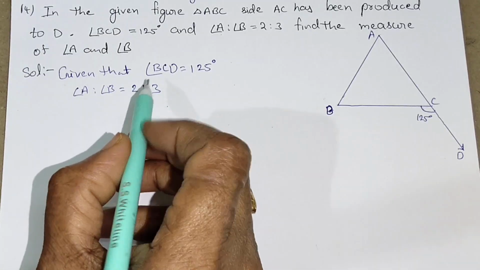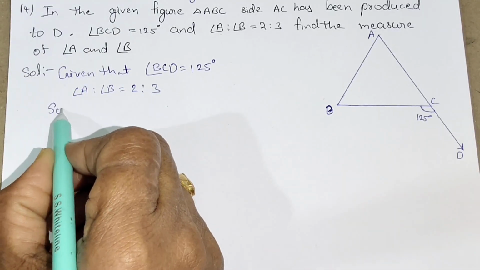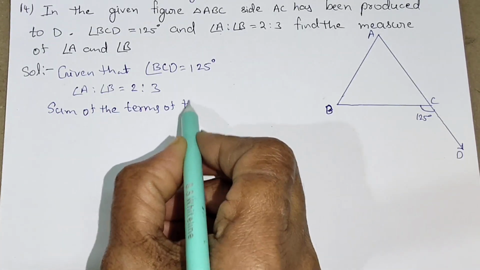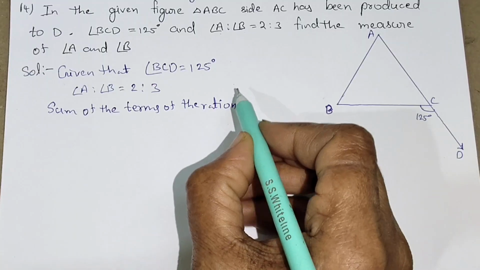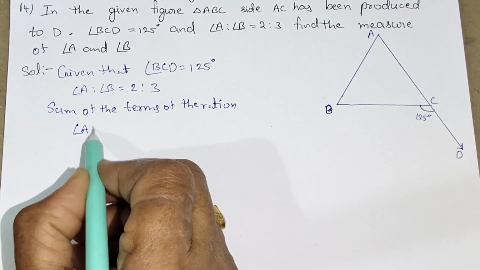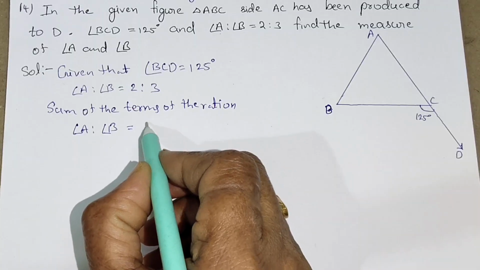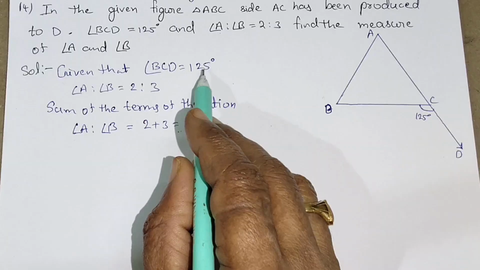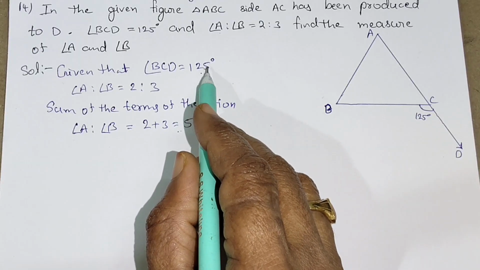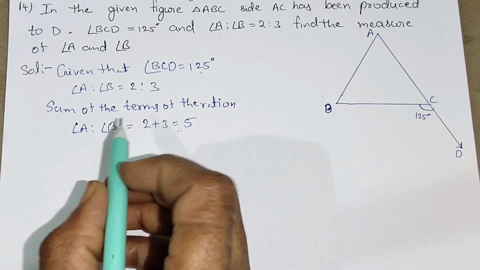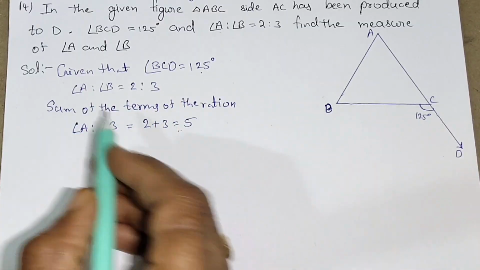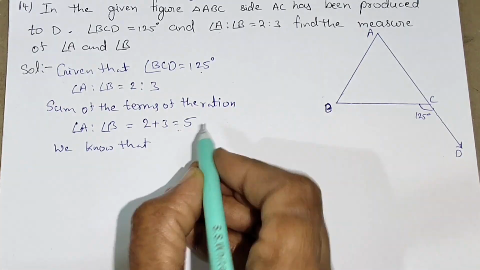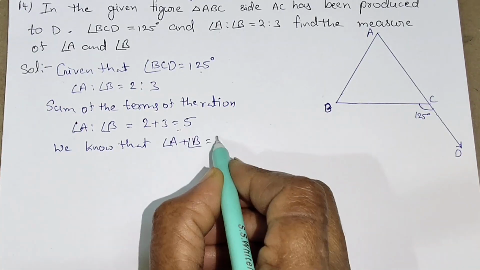Now the sum of the terms of the ratio is 2 plus 3 equals 5. The sum of these two angles is equal to 125, because these two are the interior angles and this one is the exterior angle. So we write that angle A plus angle B equals 125.